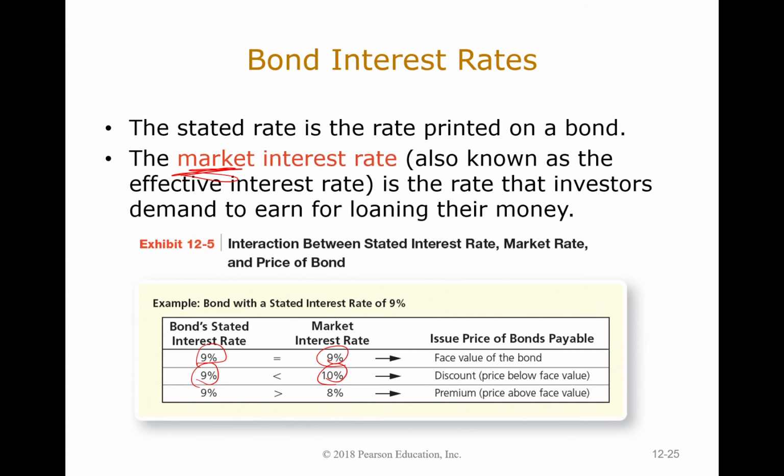So to make that more attractive, the bond is issued at a lower price than face value, what we call a discount. And if the rate on the bond is higher than the market, then that's more appealing to investors. So a company or issuer of a bond can charge what we call a premium, which is where we're above the face value of the bond.